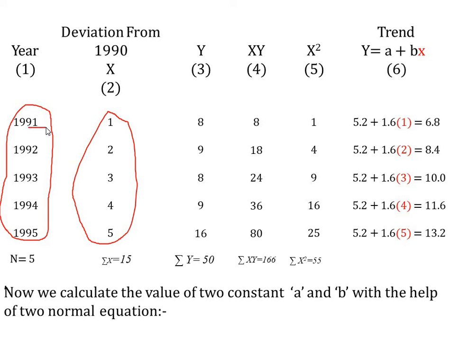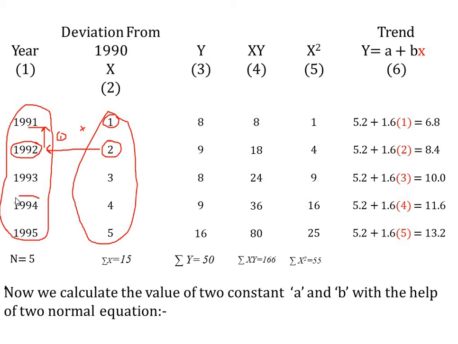So the starting value 1991 I am taking as 1. So what should be the value for 1992? The difference between 1992 and 1991 is 1, and the initial value for 1991 is 1. So 1 plus 1, I get the value corresponding to 1992 as 2.